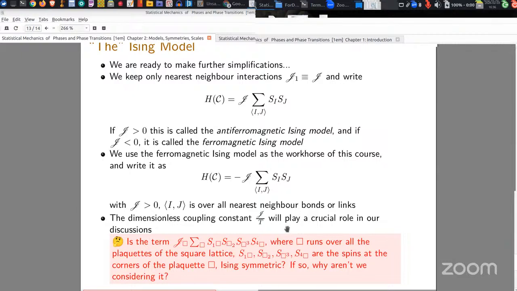Understanding the reason behind this is the crux of critical phenomena, right? It is precisely asking the question, how does universality emerge and all of that stuff.